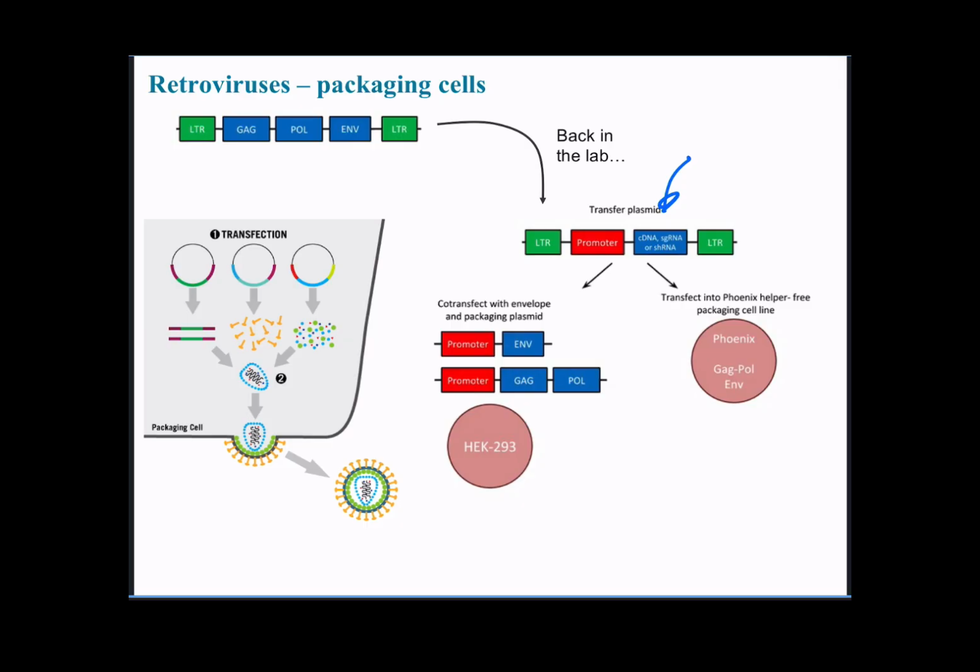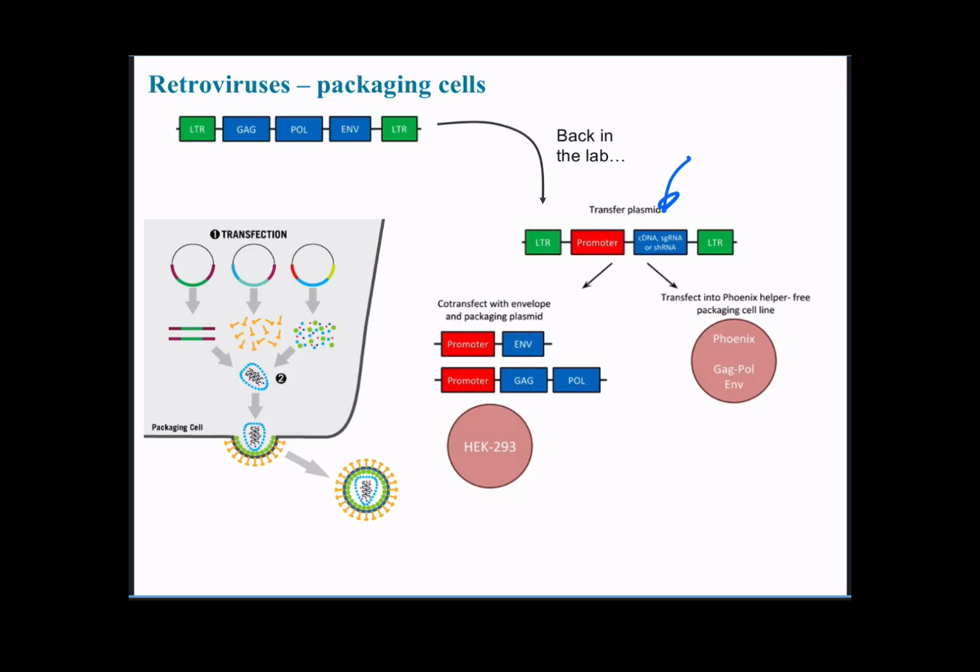Anytime that you want to integrate something into a host genome, you put it in between these, in this case, the LTRs. In the case of Agrobacterium, it was the TL and TR. In the case of Cre-LOX recombination, it would be between the LOXP sites, right? So you engineer the sequences you want to place into a target cell between the LTRs.